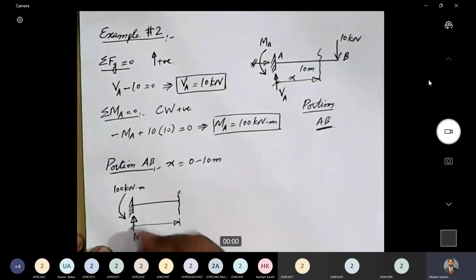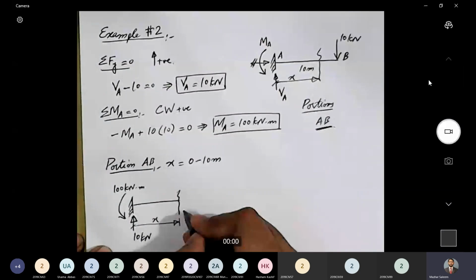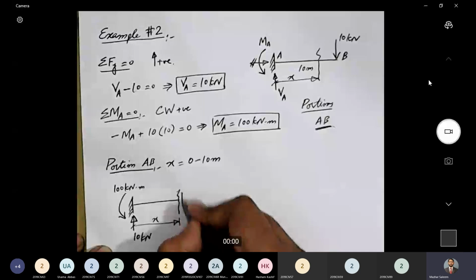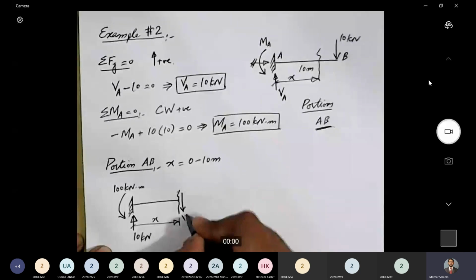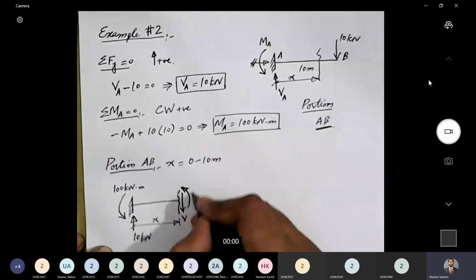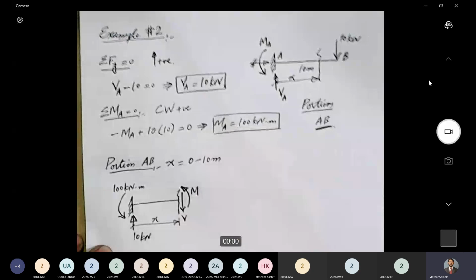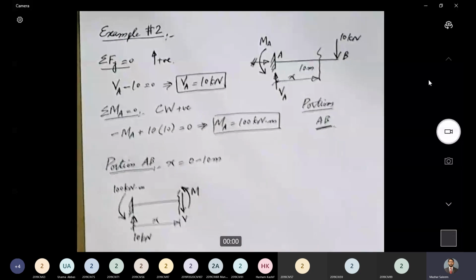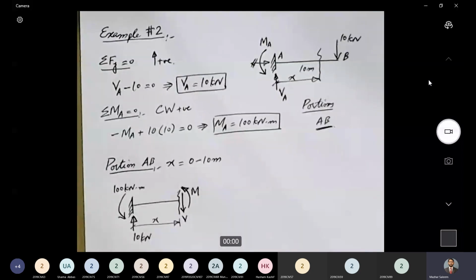This distance is X, a section, so the internal forces will get exposed. According to our convention, shear force in inward direction and bending moment in counterclockwise direction. So this is the free body diagram for portion AB.